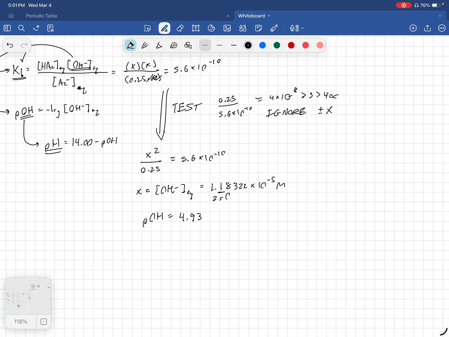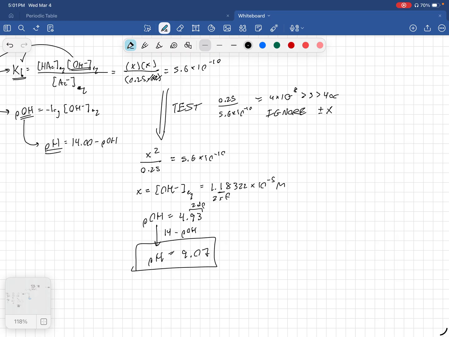Remember, 2 sig figs here means 2 decimal places. If we take 14 minus our pOH, that will give us our pH. And so 14 minus our answer from the previous is 9.07.